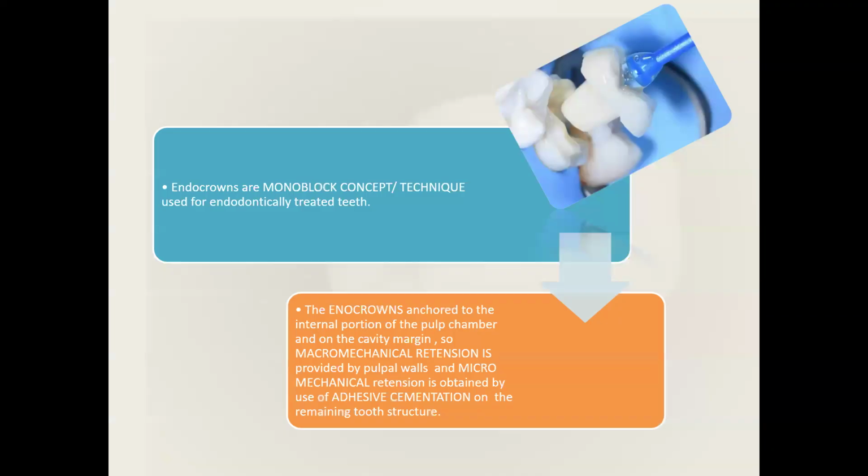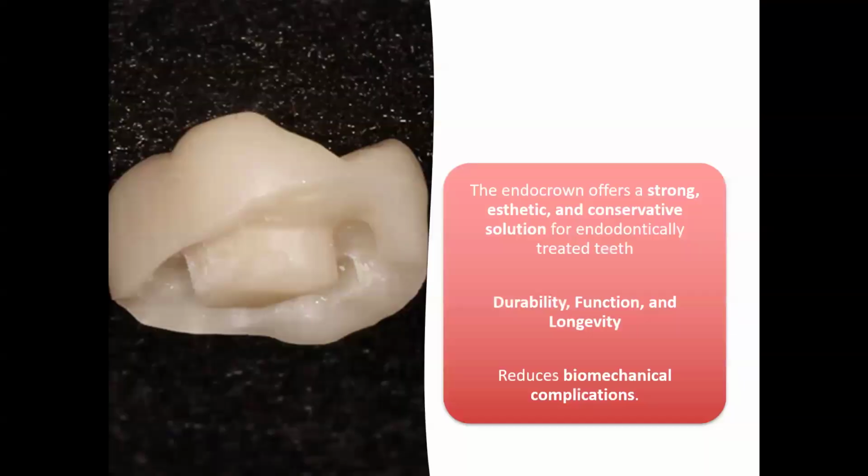So endocrowns are made with the monoblock concept technique and mostly done on an endodontically treated tooth. The endocrown is anchored to the internal portion of the pulp chamber and on the cavity margin. Macromechanical retention is provided by the pulpal walls, and micromechanical retention is obtained by the use of adhesive cementation on the remaining tooth structure.